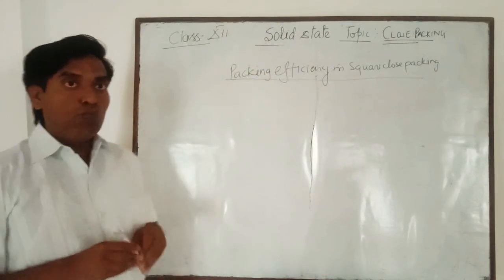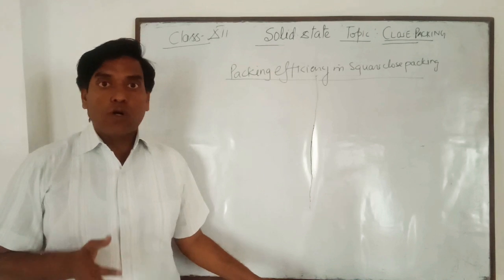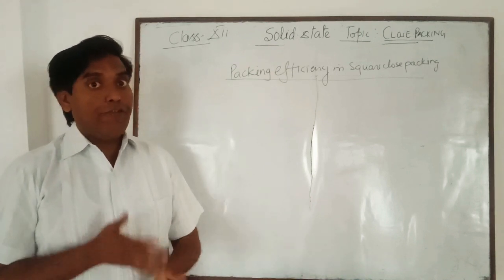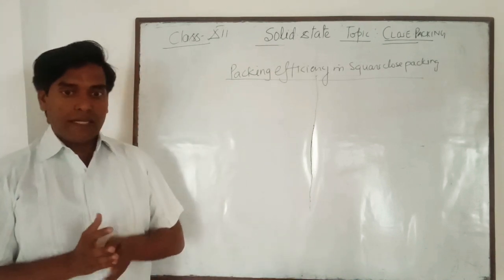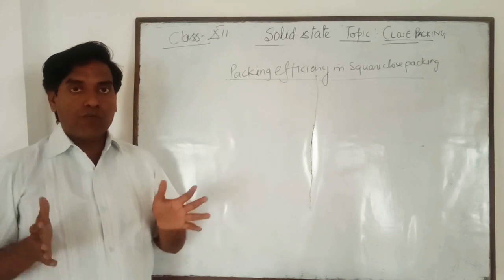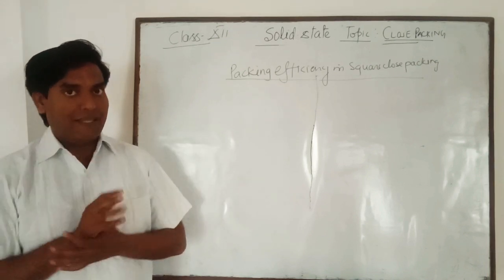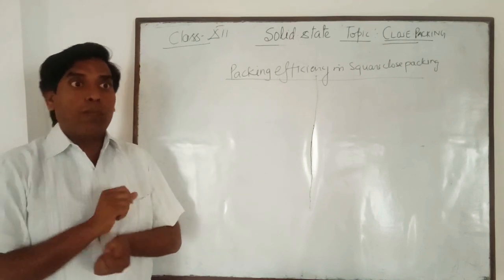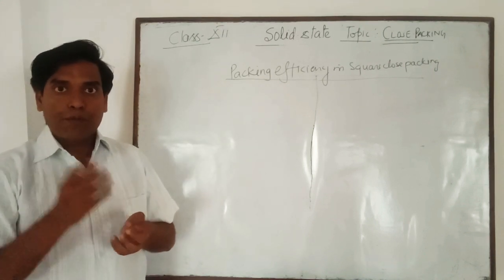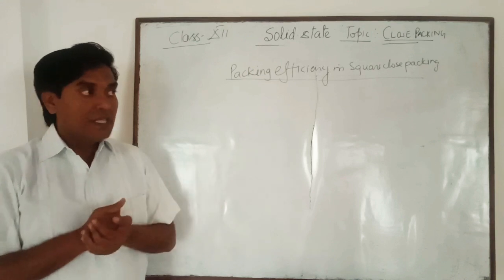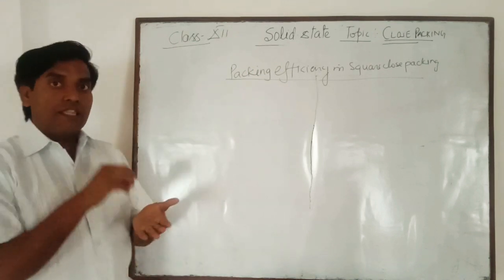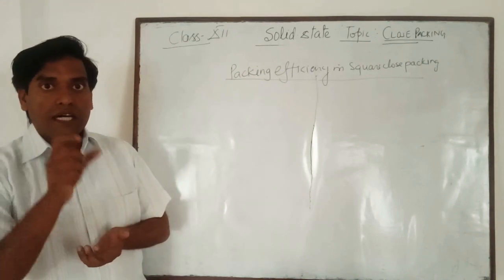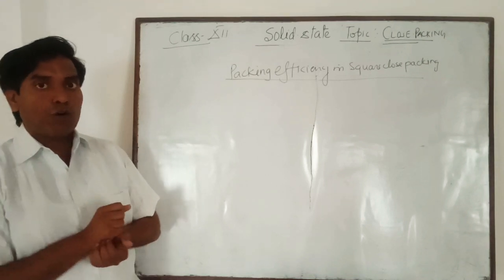But before that, we should understand the meaning of packing efficiency. Suppose in one carton we put oranges. Then the whole volume of the carton cannot be occupied by the oranges because there are gaps. Suppose I say the packing efficiency of this packing is 74%.